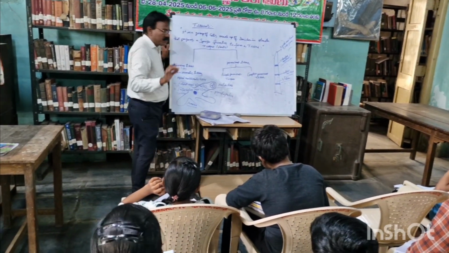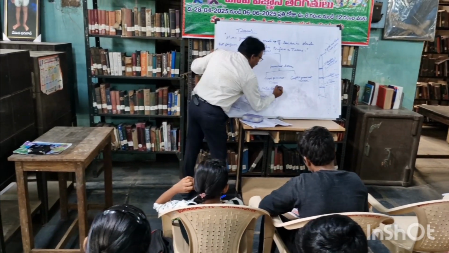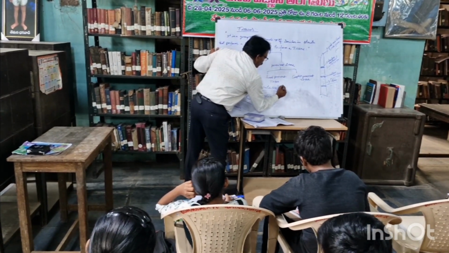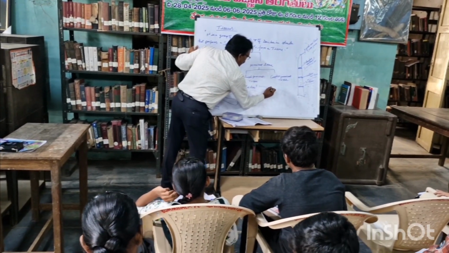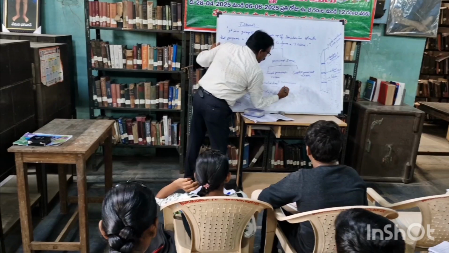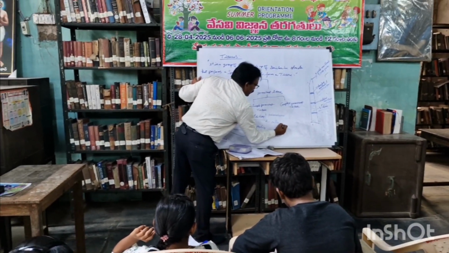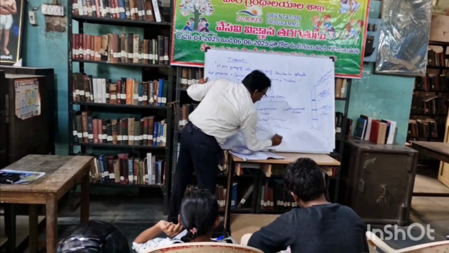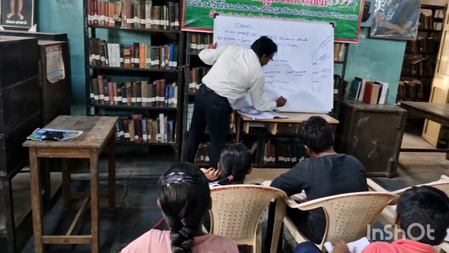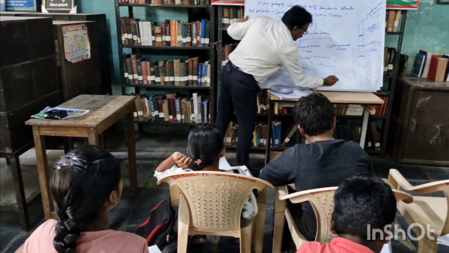First, let us focus on simple permanent tissue. Number one is parenchyma. Number two, collenchyma. Third is sclerenchyma.